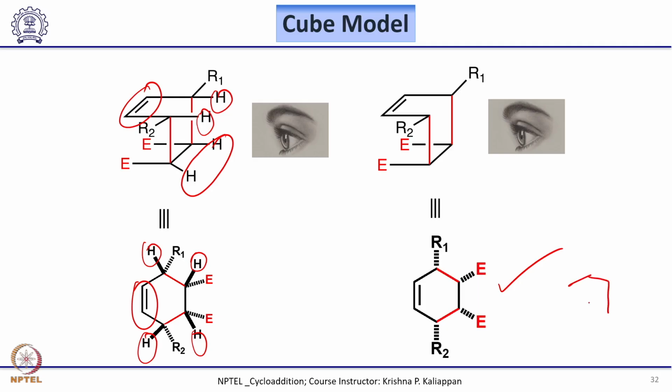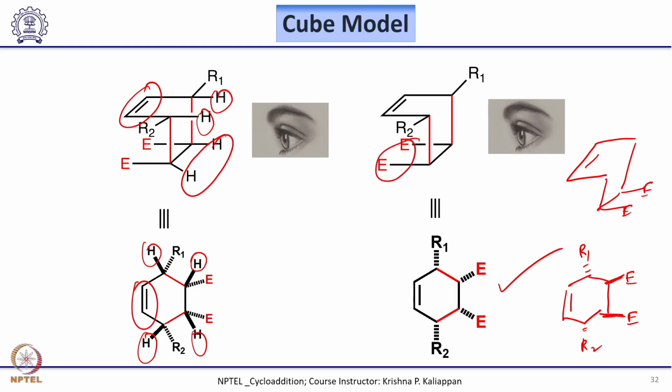And if it is exo, you just have to bring the 2E outside, and what you will get is then these two, this will be this, correct. So the 2 E's which are below the diene, now it is away from the diene, so that will give you this exo product.